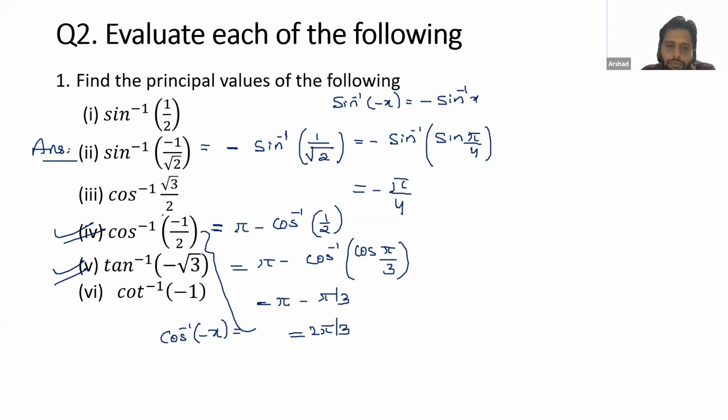Okay, great. Which question do you have to do? The fifth one. Tan inverse of minus root 3.